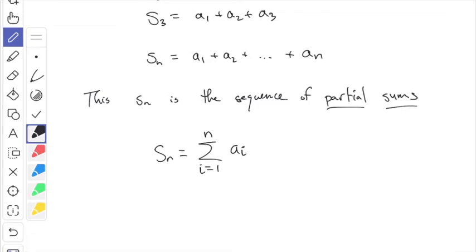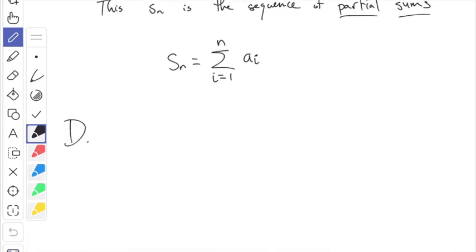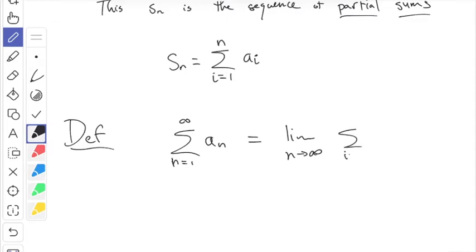Anyway, the definition. I wrote "derf," I meant "def," D-E-F. The definition is the sum from n equals 1 to infinity of an is defined to be the limit as n goes to infinity of the sum from i equals 1 to n of ai.